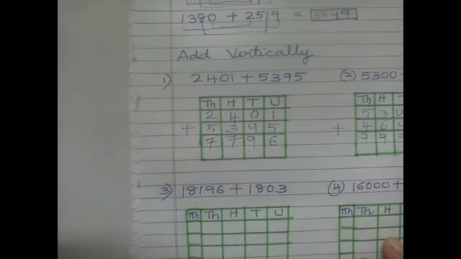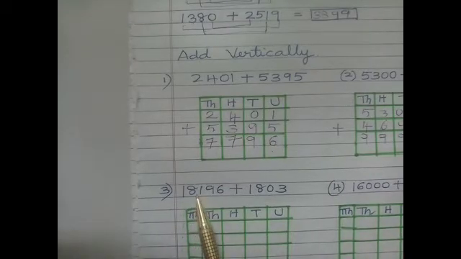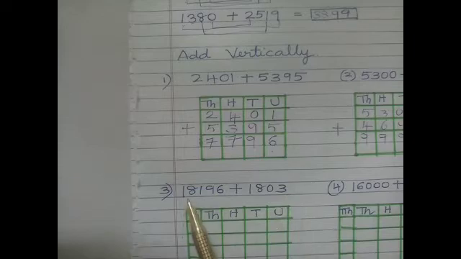So here the next number we have is 18,196 plus 1,803. So children, here this is a 5-digit number and this is a 4-digit number.